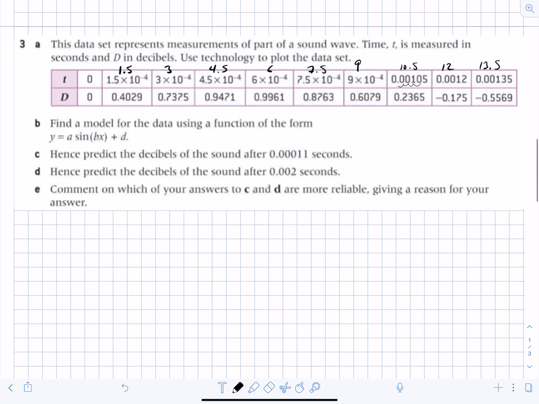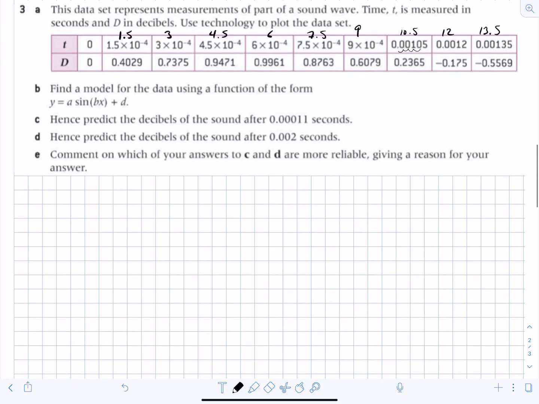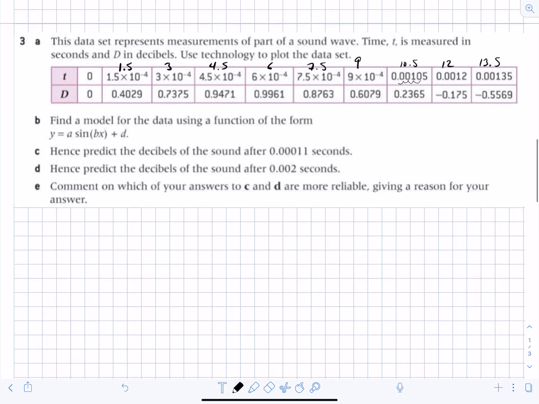So if I look at this one and find a model for this, well, at least they didn't ask me to graph it, okay? So I'm going to find a model for this thing using the function of this form. Okay, so they want this, a sine bx plus d, okay?